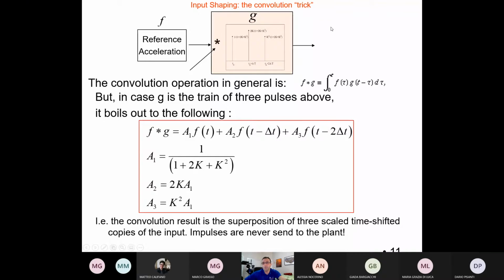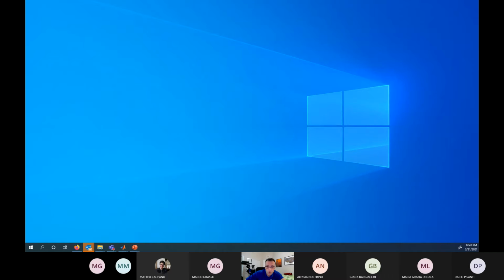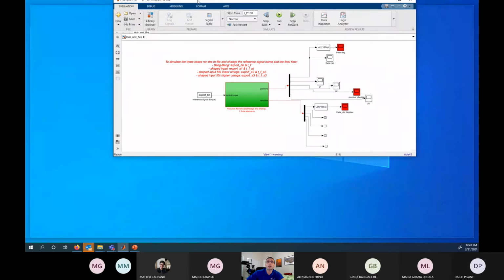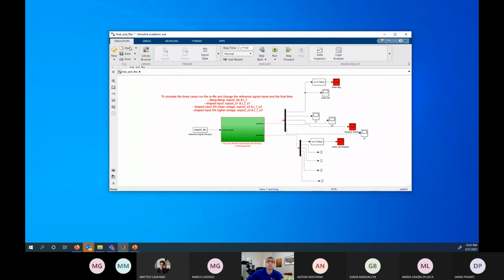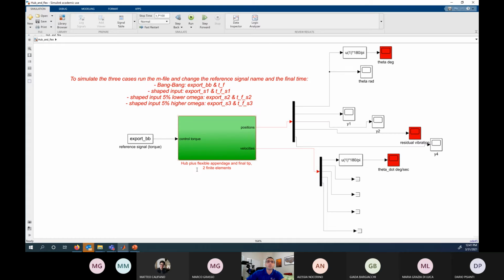Since I said I would go high level, I'm just going to show you a model that does exactly that. I'm going to upload all this into the same folder, if I ever get to move this to the right window. Okay, this is a very simple model that simulates the hub plus the flexible appendage and final tip with two final elements.